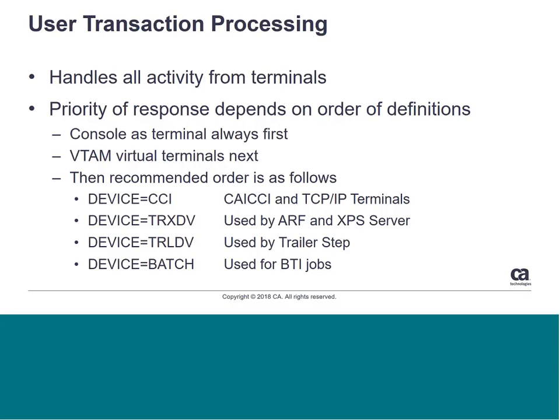Then you have your TRX-DB, which are related to ARF, automatic recovery facility activities, and anything coming in from the XPS server, cross-platform scheduling server. Then trailer device, that's used by the trailer sets, and at the bottom your batch devices used by BTI jobs. Generally BTI jobs need a lower priority than online terminals and CTI terminals that are wanting a response.